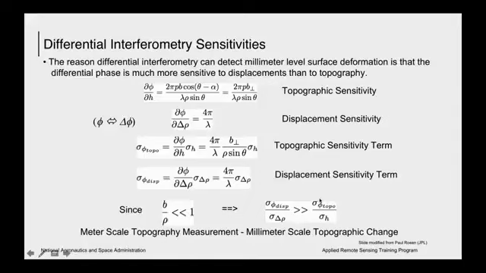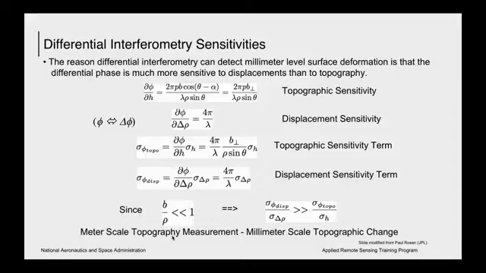So this is just writing that in terms of sigmas, or error estimates. The displacement sensitivity is much greater than the topographic sensitivity. So we can measure topography at the scale of meters.